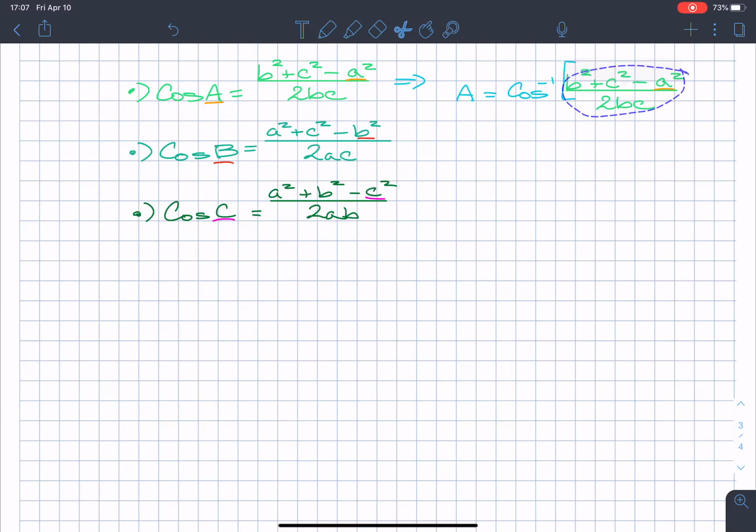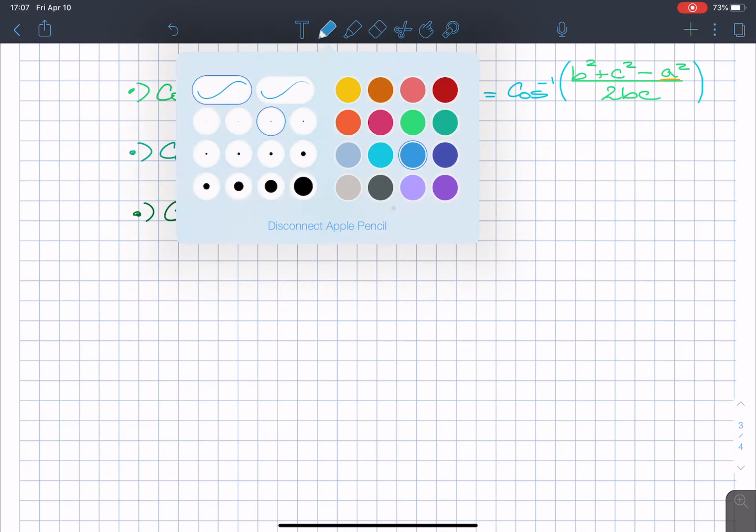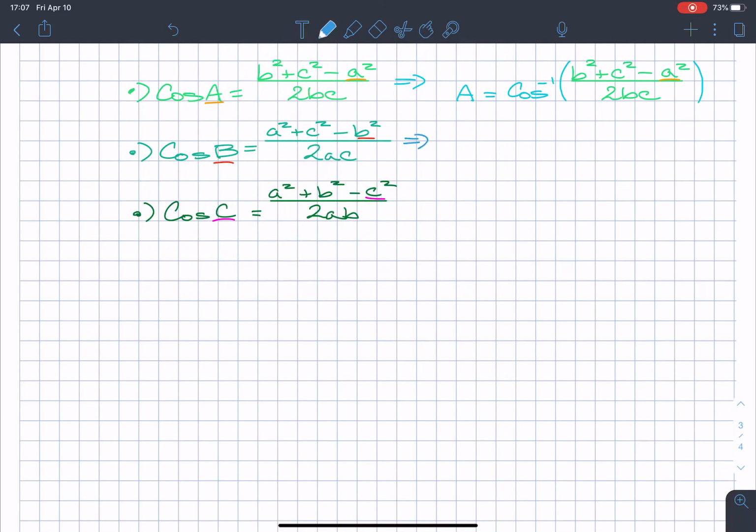So if I want to solve for the angle, I just take the inverse trig of both sides. And in the second case, we have that B will be equal to cosine inverse of this quotient.